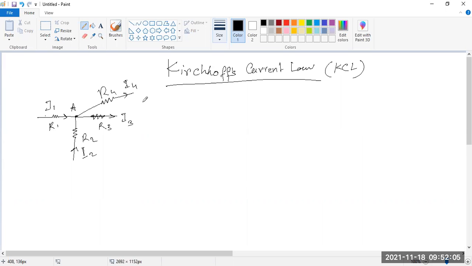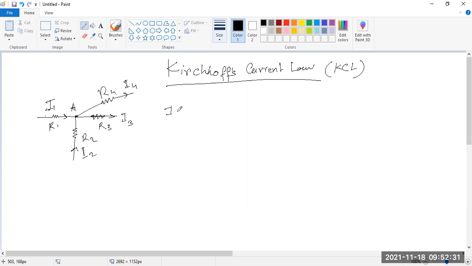So as per Kirchhoff's current law, the summation of all current is equal to 0. There is a question of positive or negative. Incoming current is considered as the positive sign and outgoing current is considered as the negative sign.